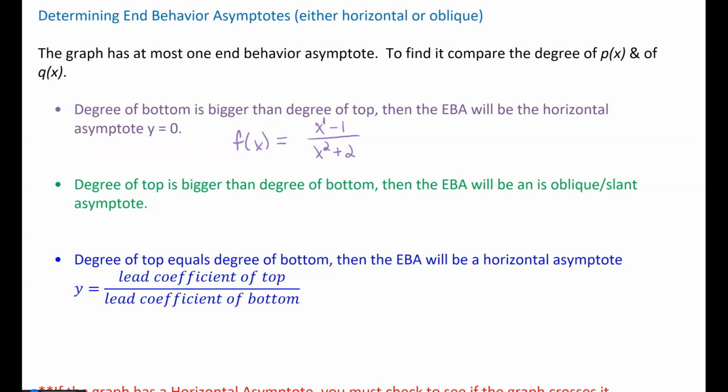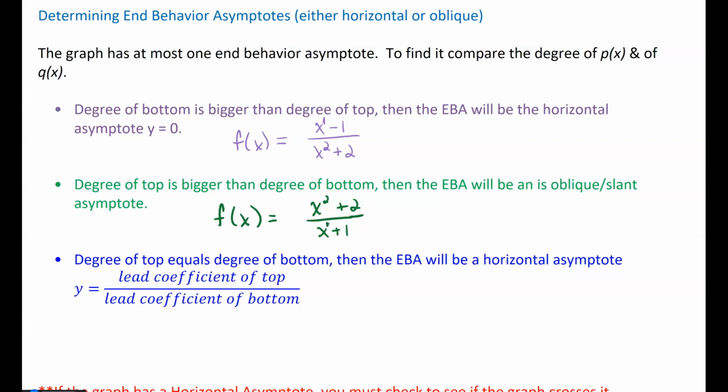The other one: the degree of the top is bigger than the degree of the bottom. For this one, it would be like f of x is equal to x squared plus 2 over x plus 1. The degree in the numerator is 2 versus the degree in the denominator of 1.